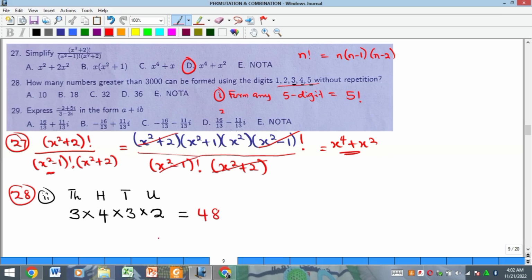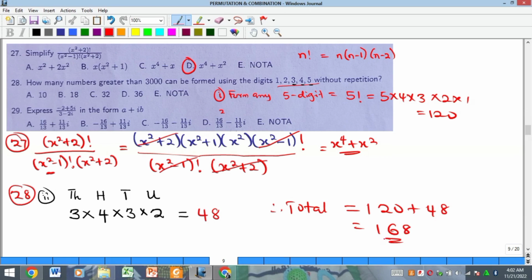And so now, whereas this one is 5 factorial, which is 5 times 4 times 3 times 2 times 1, this is 20, this is 60, 120. So the total number that can be formed from these numbers without repetition that will give us a number greater than 3,000 is 120 plus 48.